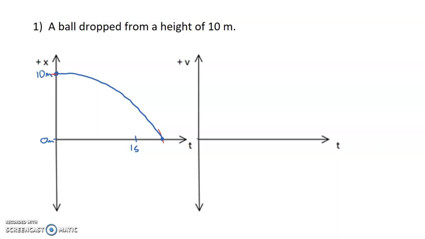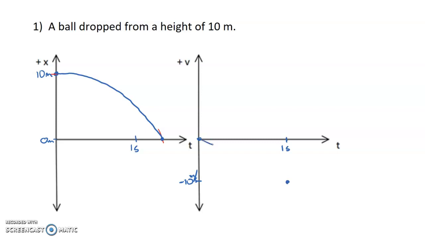So now the corresponding velocity time graph, we would know that since the slope is 0 at time 0, it'll have a velocity of 0, and that velocity is going to continually move downward. A second after falling, it'll be at negative 9.8. So if that's negative 10 meters per second, then at the 1 second mark, it should be located at about negative 9.8 or negative 10.